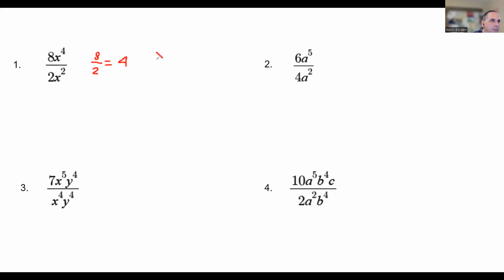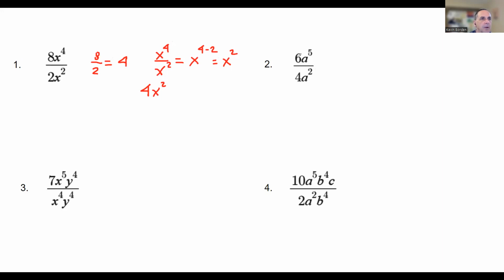And x to the 4th over x to the 2nd is going to be x to the 4 minus 2, which is just equal to x squared. Our answer will be 4 times x squared. I'll leave that up since we have enough room in this problem.